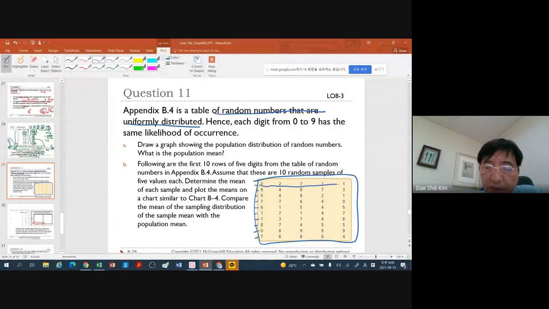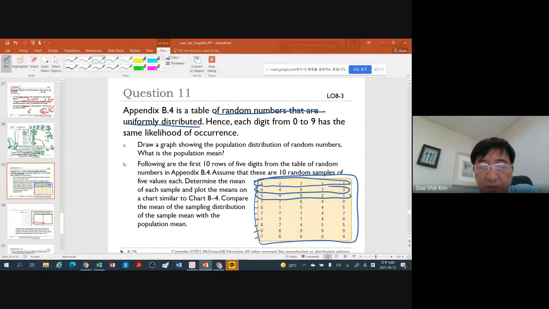The first sample has 5 values, then the second sample, third sample, like that. How many samples? 10 samples. But the sample size, each sample has 5 numbers. Sample size is equal to 5. You need to distinguish them: number of samples is 10, sample size is 5.